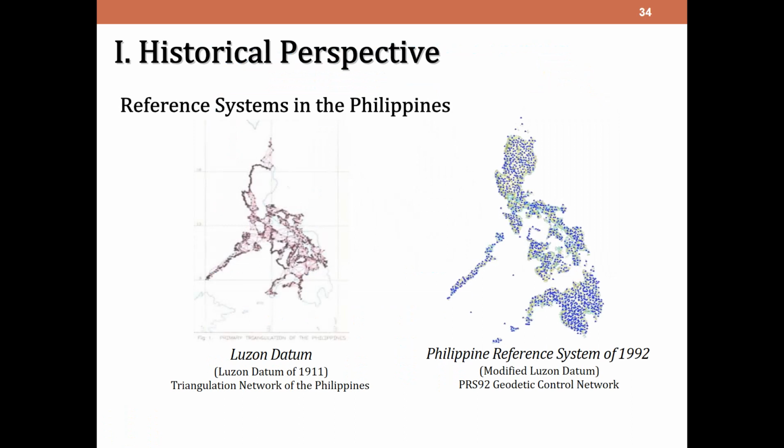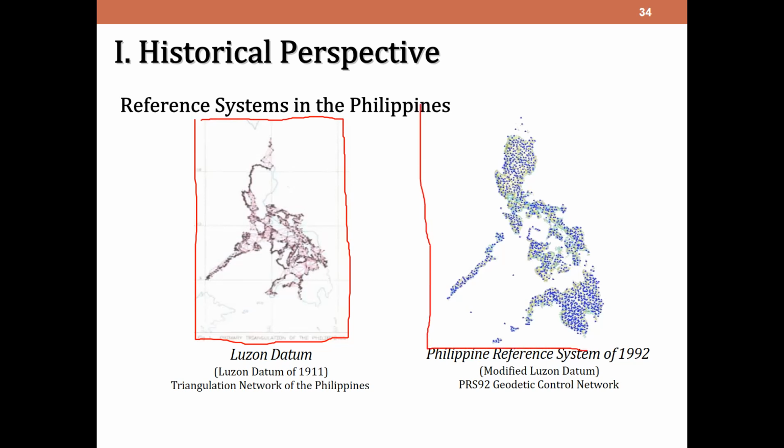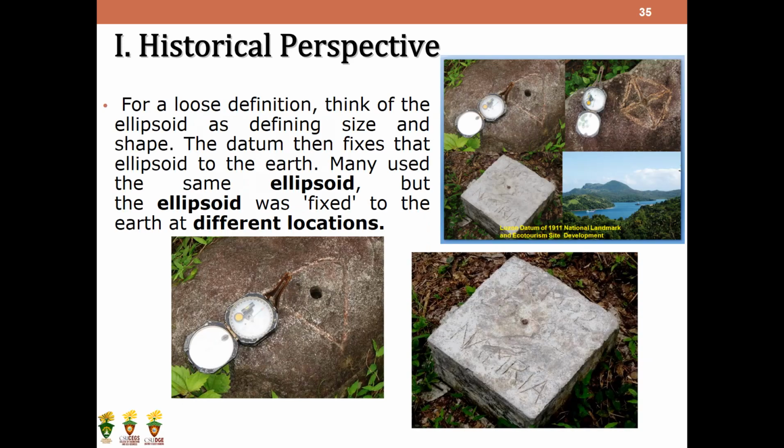For the reference systems in the Philippines, this network is for the Luzon datum. You can see it is smaller, with fewer points established, while PRS-92 is denser because there are more references, distributed throughout the country.